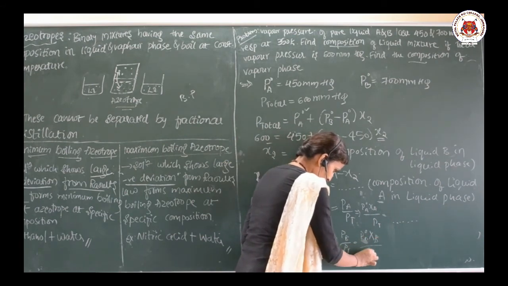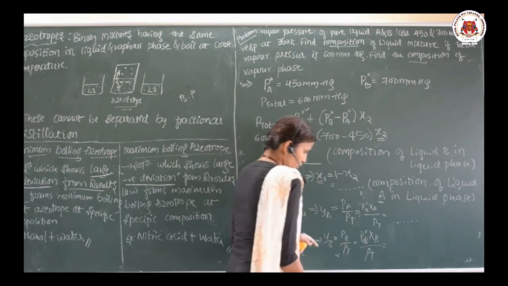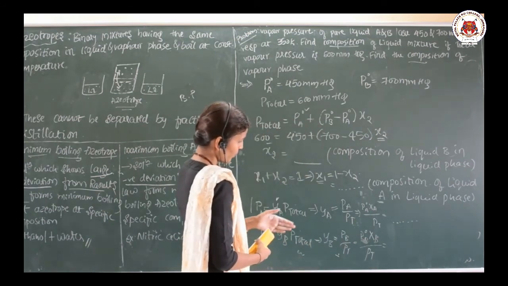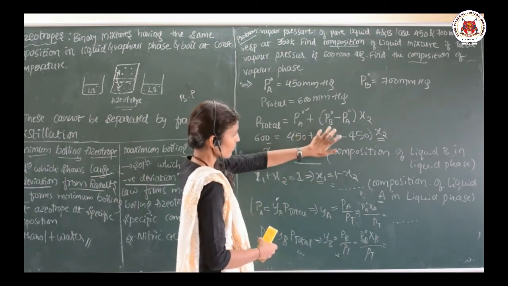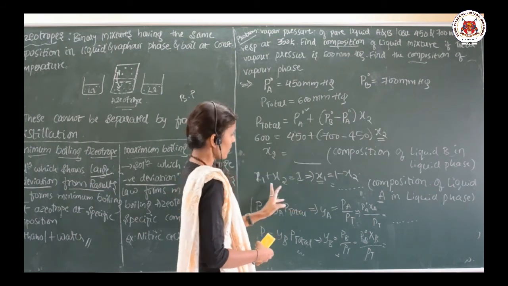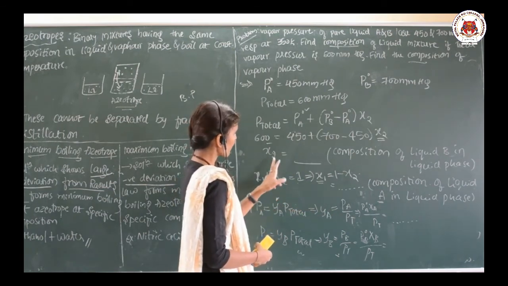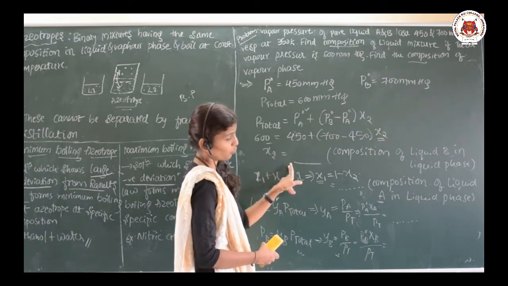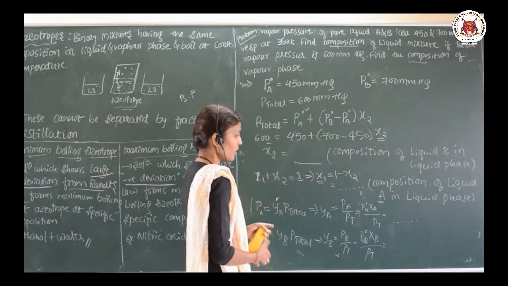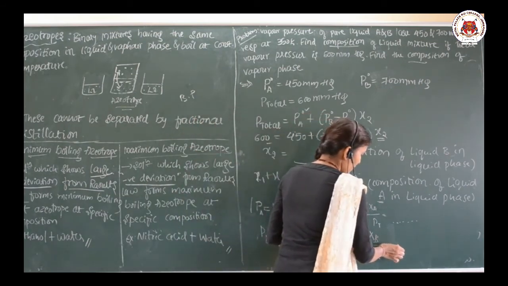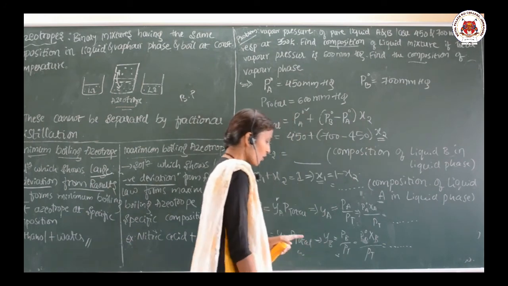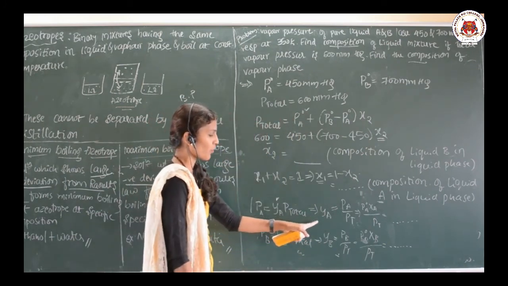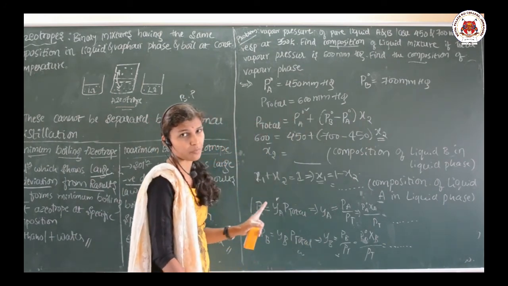So you have the value of PB naught, they have given, and XB that you calculated here, XB is nothing but X2. Then P total is already given, and substitute all the values and simplify, you are going to get the composition of liquid B in the vapor phase.